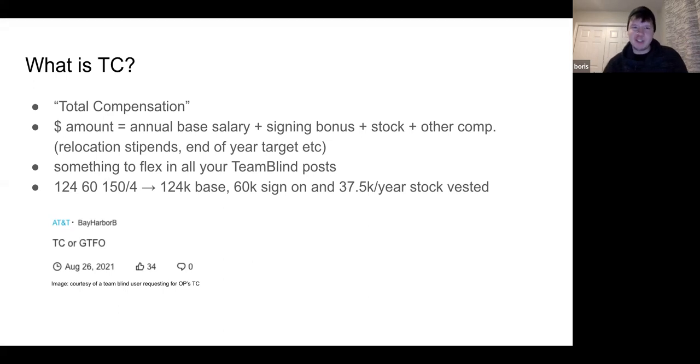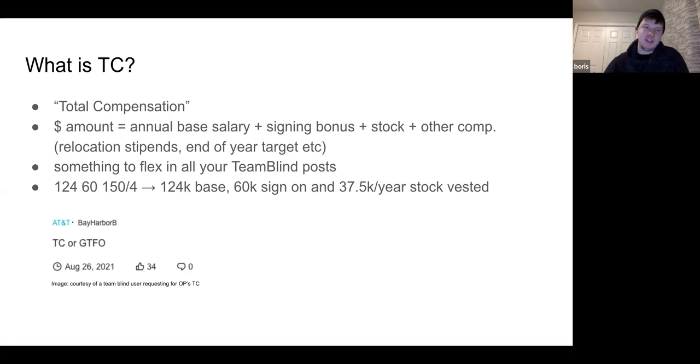It's also something you flex on your Team Blind posts. If you don't know what Team Blind is yet, it's okay, and I don't suggest going there, but it's basically a place where you can talk about companies anonymously. They have this culture where if you don't tell them your TC, they get really mad at you, because it's always a measuring contest between people at different companies.